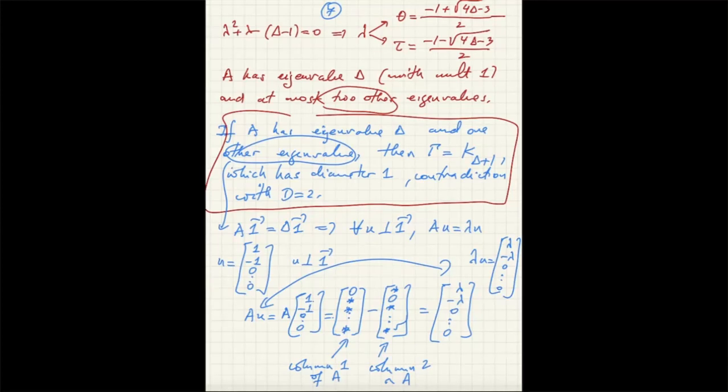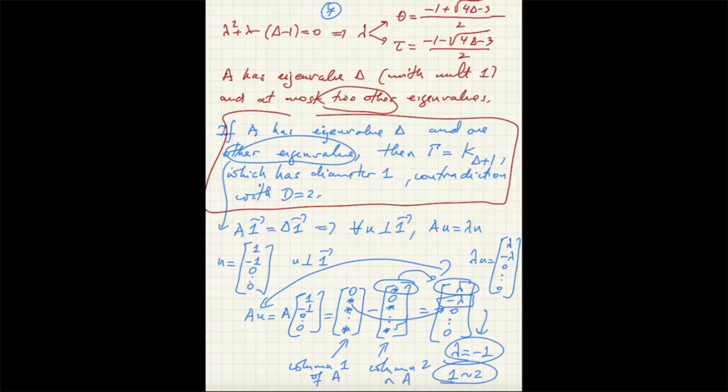Well, the only way you have a lambda appearing here is that it must come from this entry here. And similarly, the only way you have a minus lambda in the second position is that it must come from the second entry in the first vector. When you unpack these things, it follows that lambda must be equal to minus 1, and actually vertex 1 must be adjacent to vertex 2 in the graph.